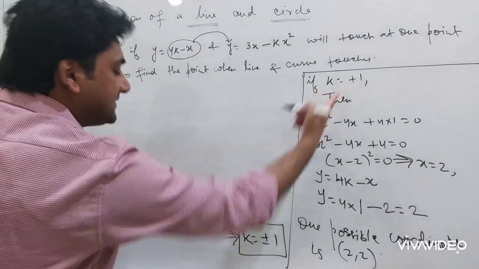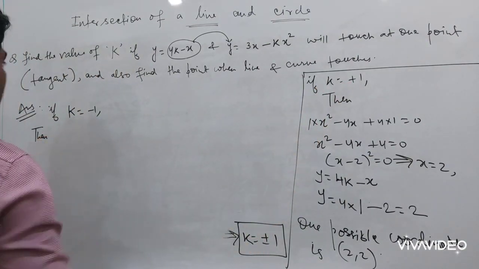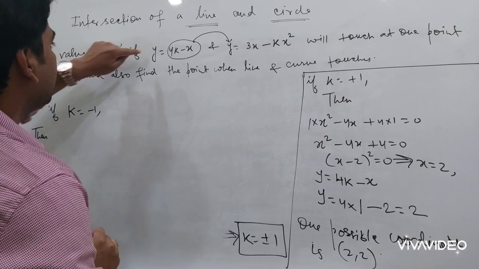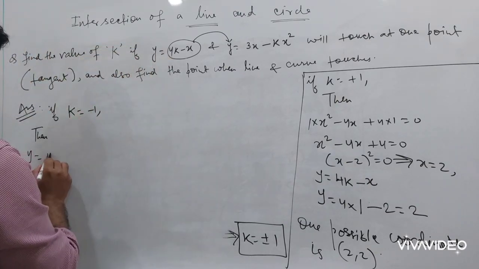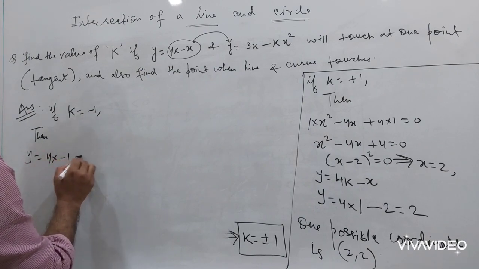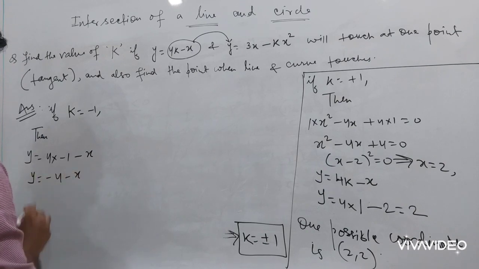But if k equals plus 1 is already considered, if k equals minus 1, then this y would be 4 times minus 1 and then minus x. So y equals minus 4 minus x, right?